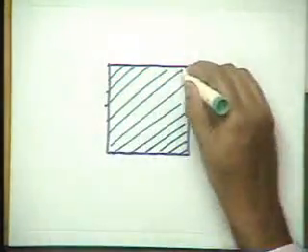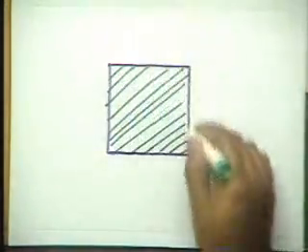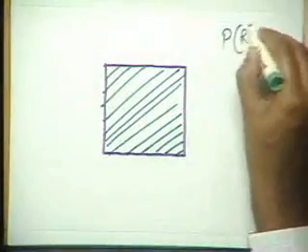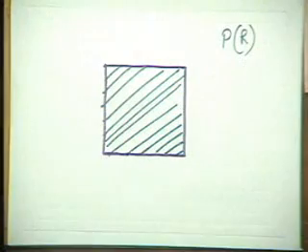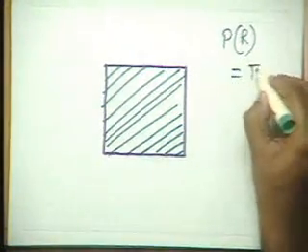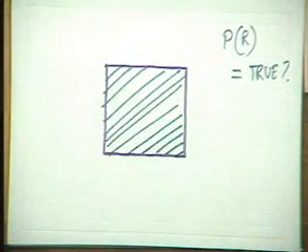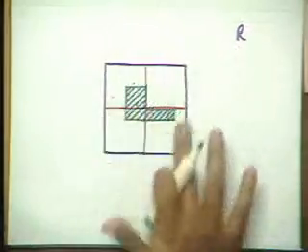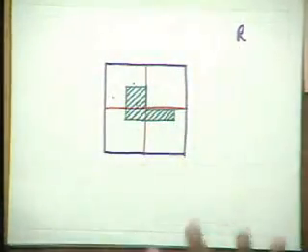So the very first thing I should check is whether for this particular region the similarity property is fulfilled or not. That means first I will test the similarity function over the region R, and see whether P(R) is equal to true. If P(R) is true, then there is no point in partitioning this region further. But given this type of image, obviously P(R) is going to be false, because all the pixels within the region R will not fulfill any similarity property.